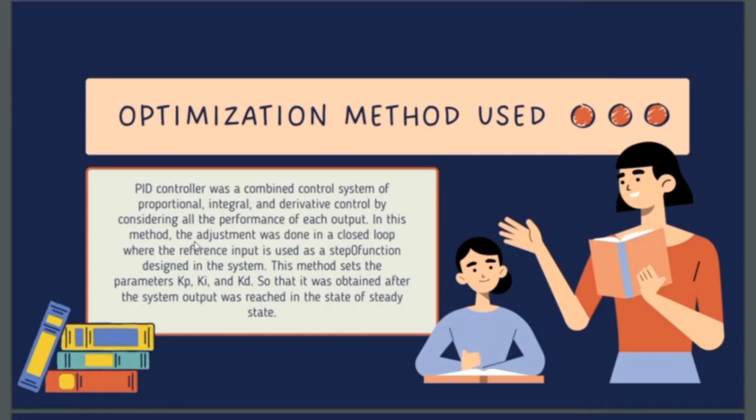In this method, the adjustment was done in a closed loop, where the reference input is used as a step function designed in the system. This method sets the parameters Kp, Ki, and Kd, which were obtained after the system output reached the state of steady state.